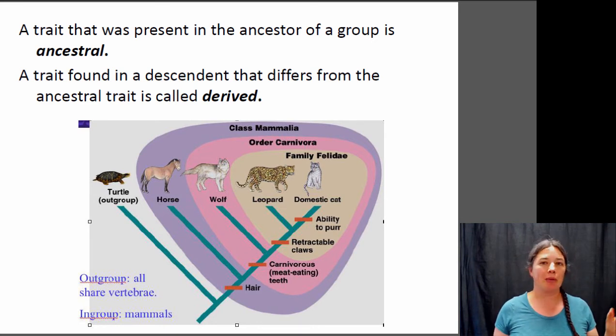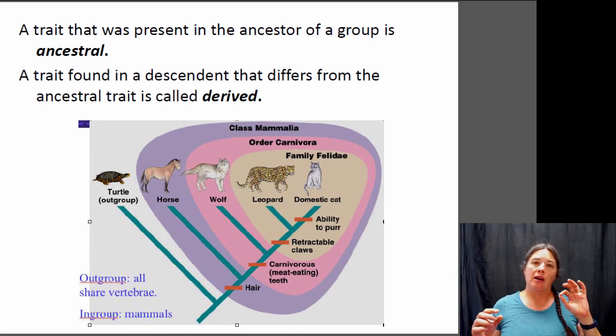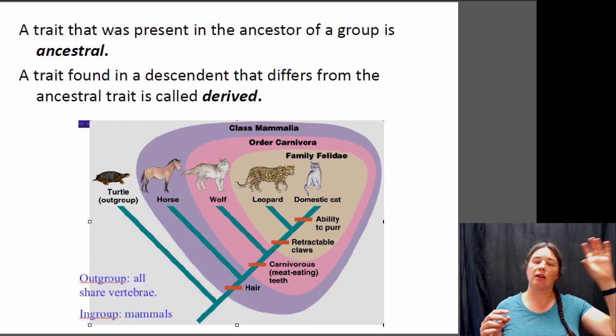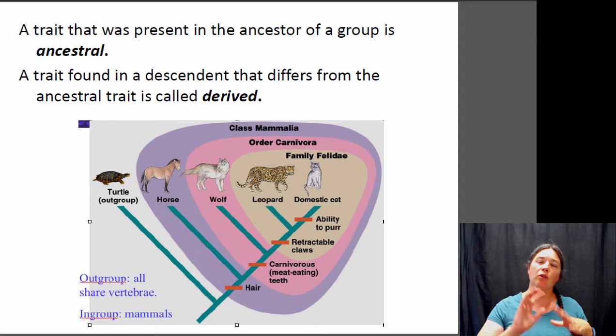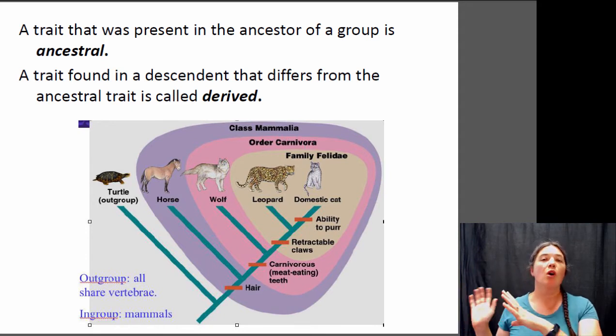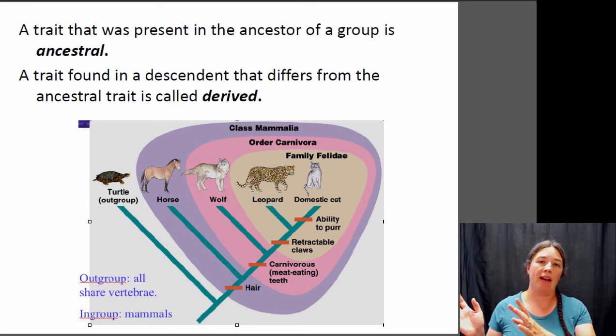That may or may not be true in the real world, but it's a decent assumption. Those traits are the ancestral traits. So that's what the organism used to look like in evolutionary history. And then you want to look for changes that have arisen within your group of interest. So those would be what we call derived traits. And these are traits that have evolved since the in-group separated from the out-group.